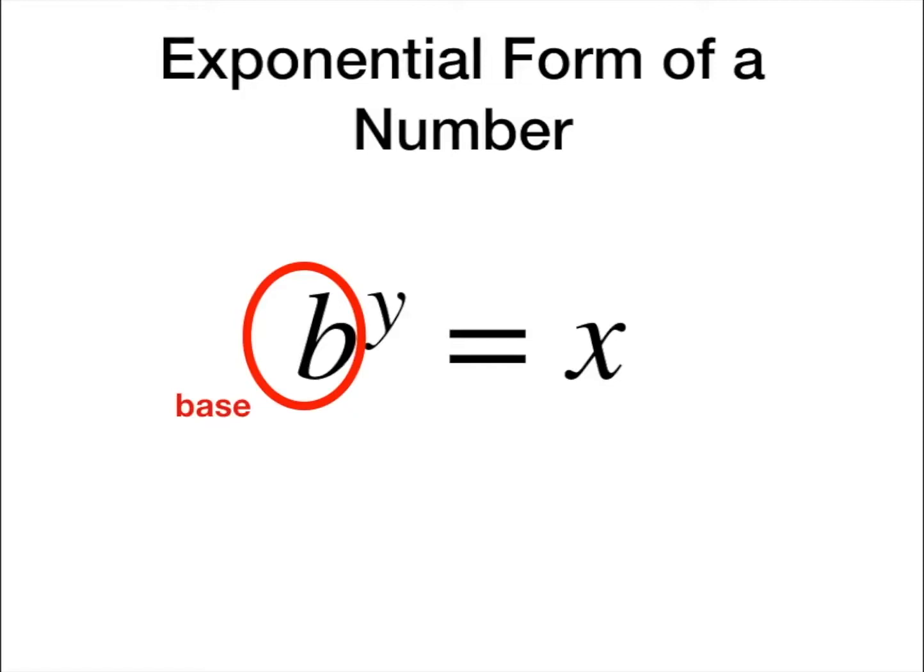A number can be expressed in exponential form. Let's get to know the parts of a number expressed in exponential form. You will see here an expression. B stands for the base.